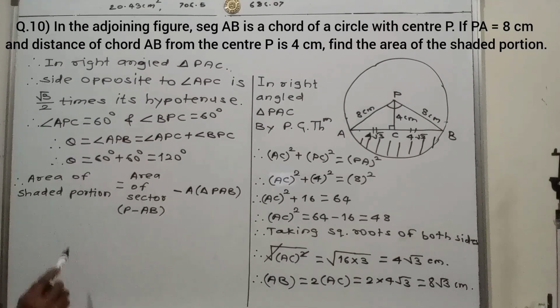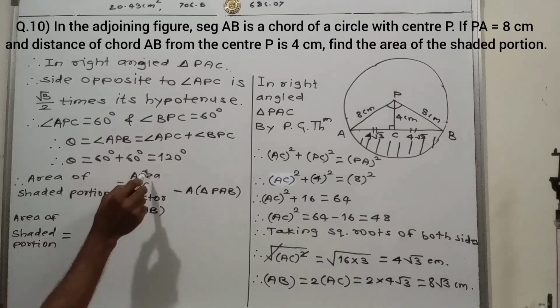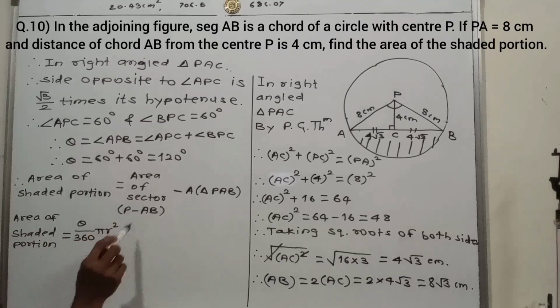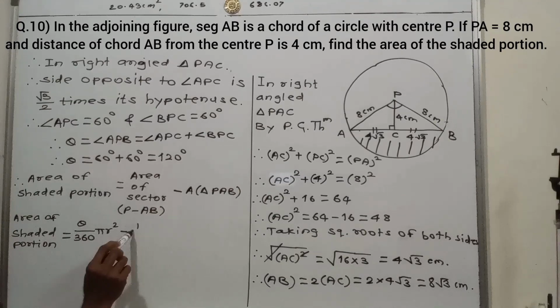Did you get it? Therefore see this, area of shaded portion is equal to area of sector, theta upon 360 pi r square, minus area of triangle PAB.